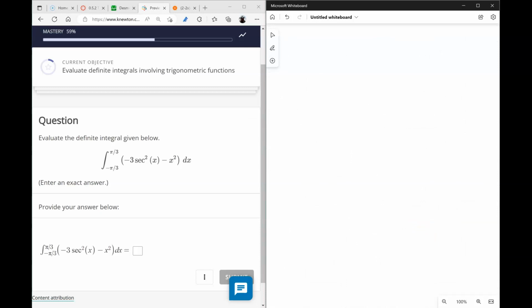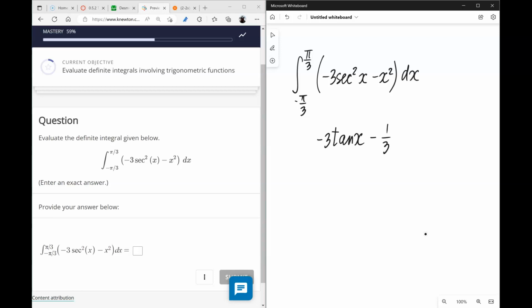In this case, we're going to find the antiderivative first. The antiderivative is negative 3 tangent x minus 1/3 x cubed, and we're going to evaluate it from negative pi over 3 to pi over 3.